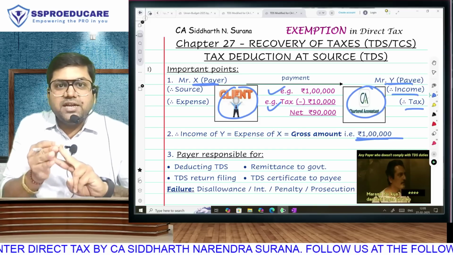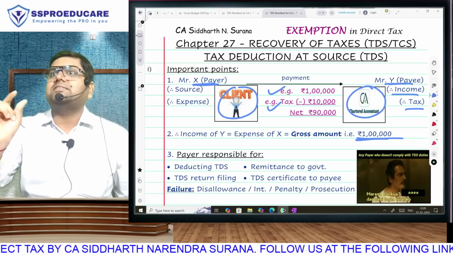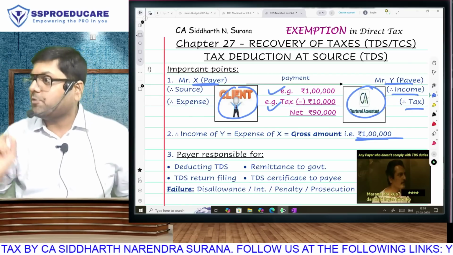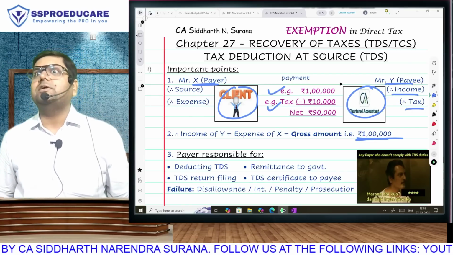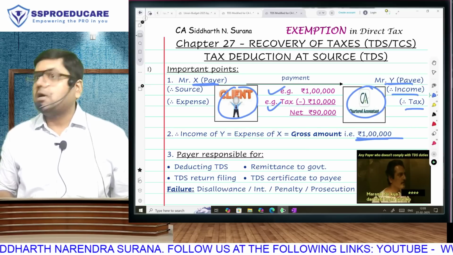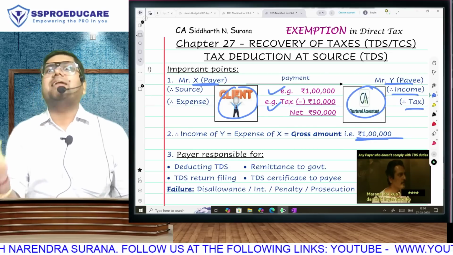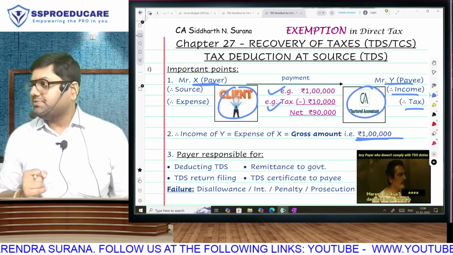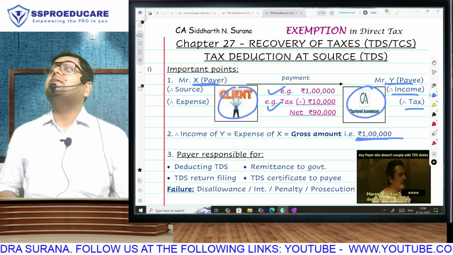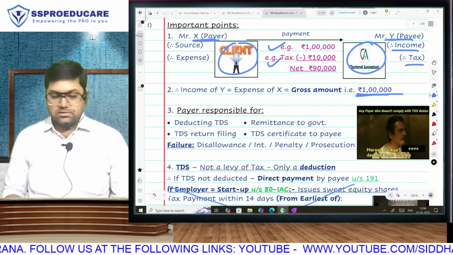So TDS credit account debit. This 10,000 he will show as a recoverable on his asset side, because this 10,000 he has to receive from the government at the end of the year when he calculates his tax liability. We will record this TDS as my asset, current asset. So bank account debit 90,000, TDS receivable or credit receivable account debit 10,000. Asset, so debit balance. To income 1 lakh. You understand? All the duties are.